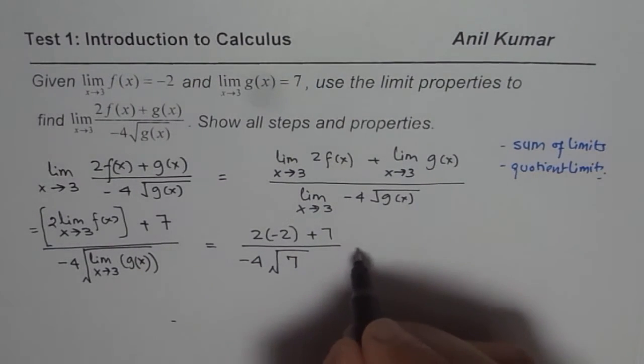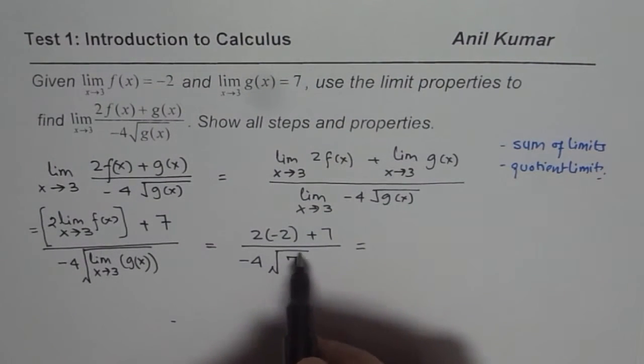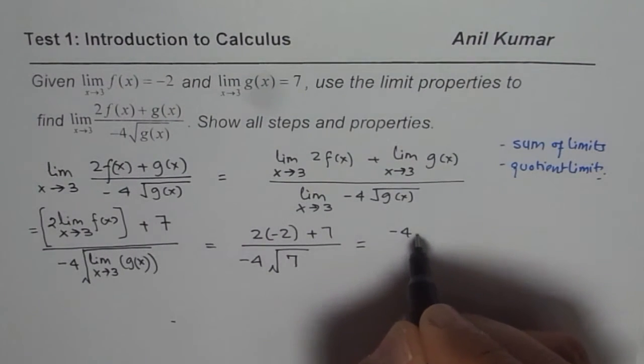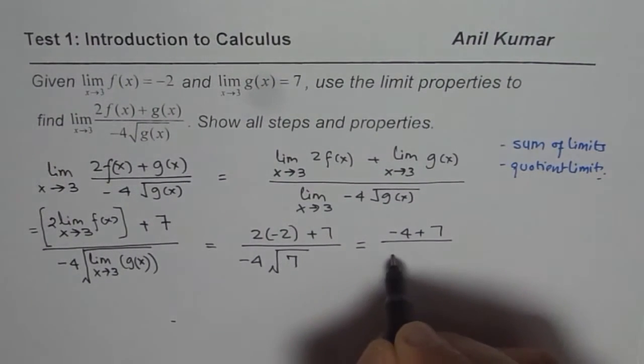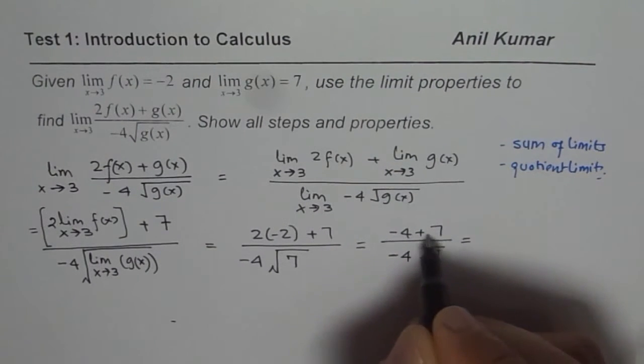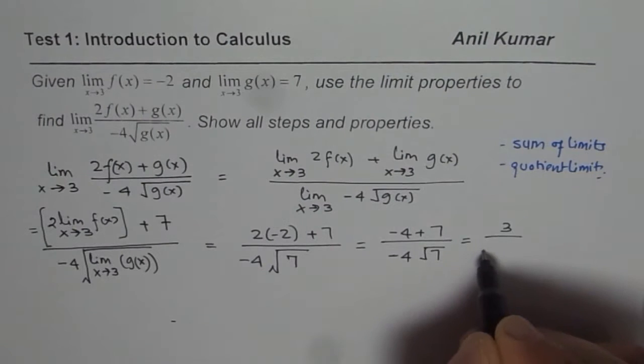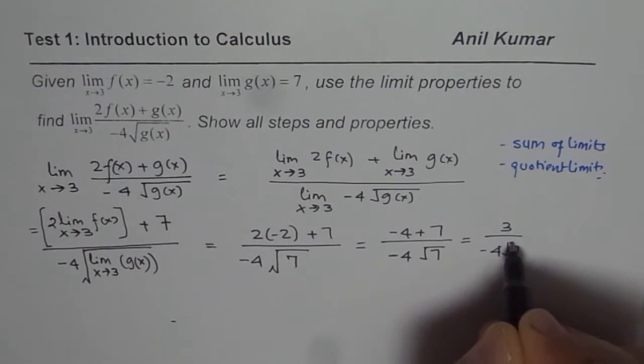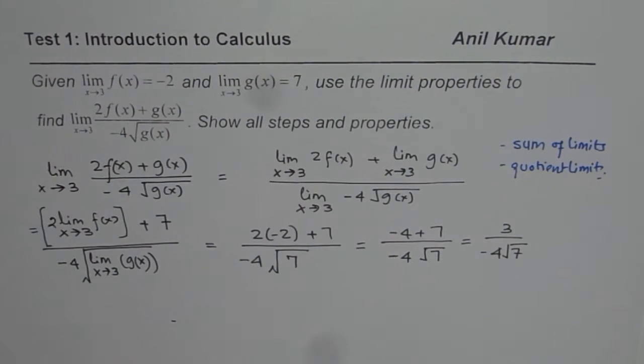Correct? And that is equal to, now we can simplify this particular expression. We get minus 4 plus 7 divided by minus 4 square root 7, right? And that is 3 over minus 4 square root 7. Now that is how you could solve this particular question, right?